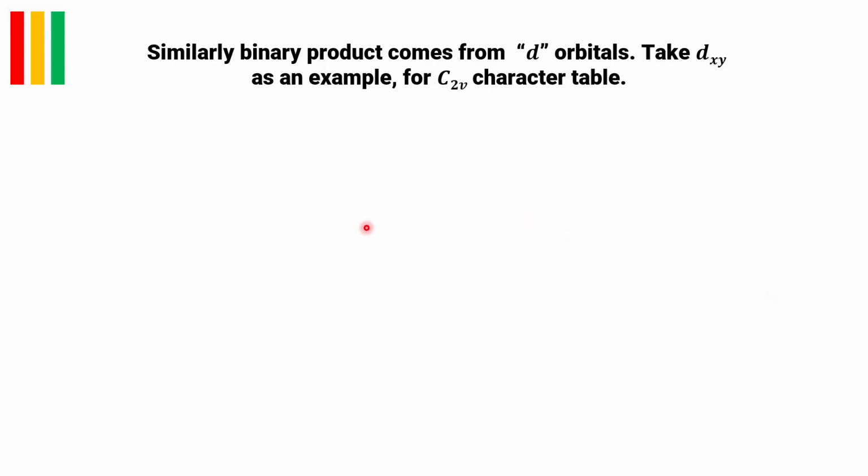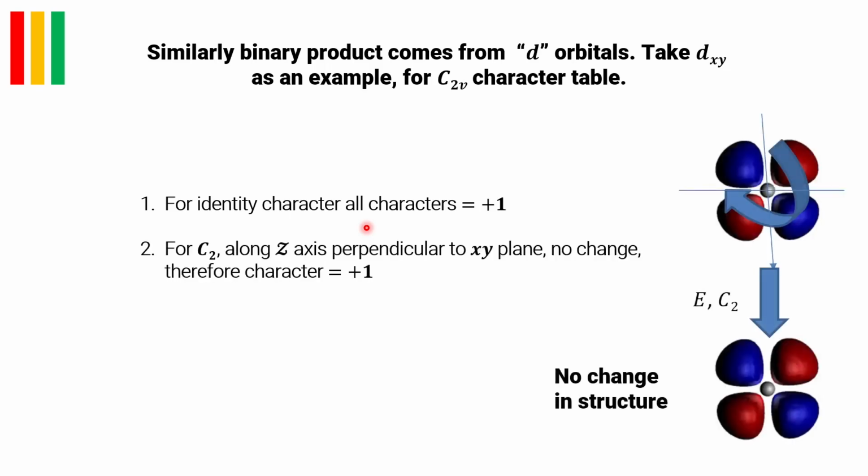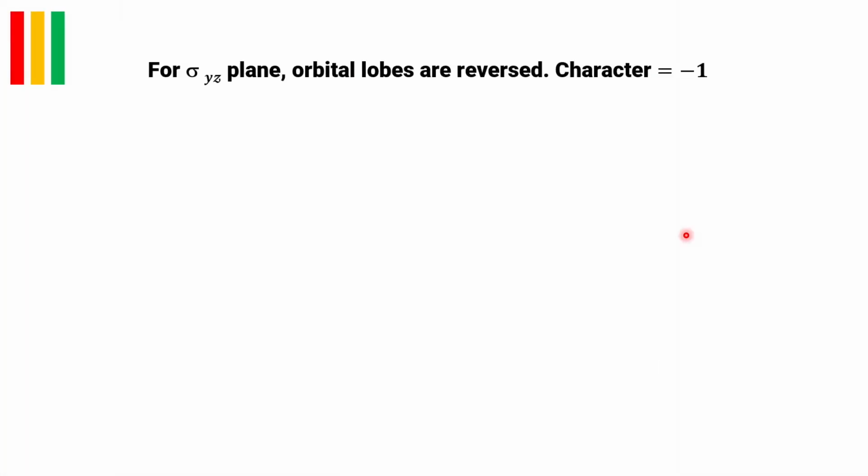If we choose the d orbitals as the basis functions, we take an example of dxy in a C2v character table. For dxy, the character is plus 1 for identity. If you rotate it by C2, 180 degrees, the character would remain positive. There will be no change here.